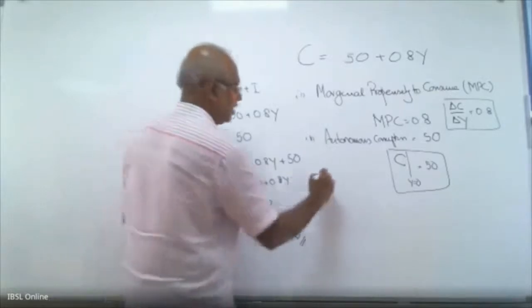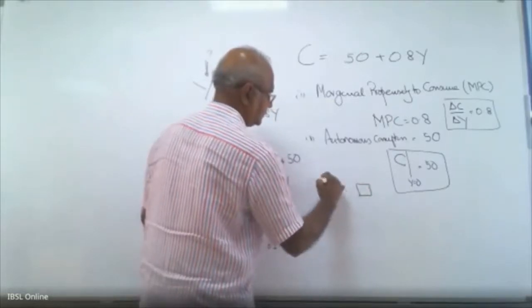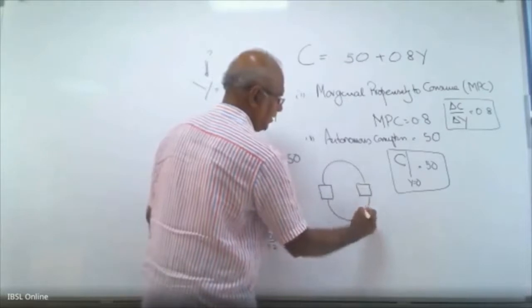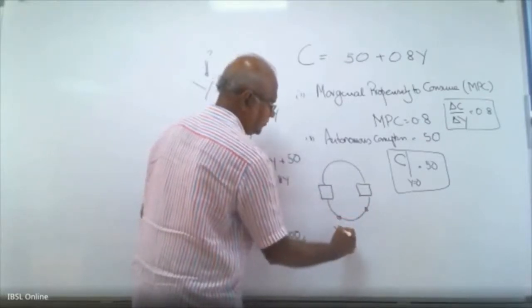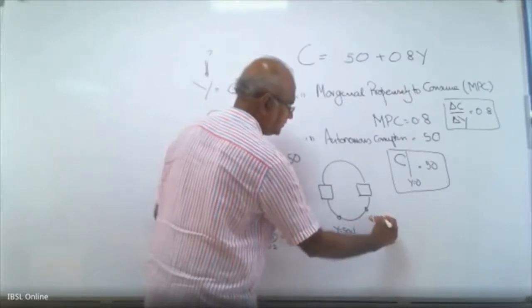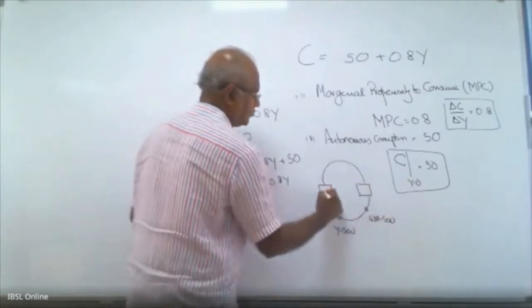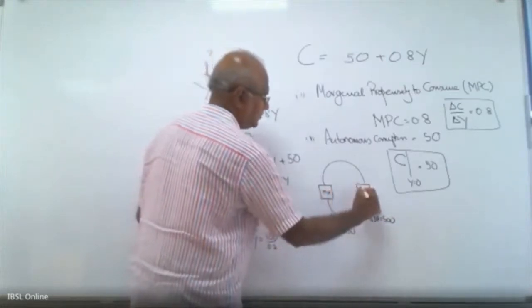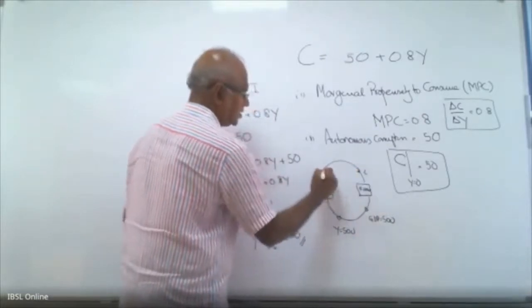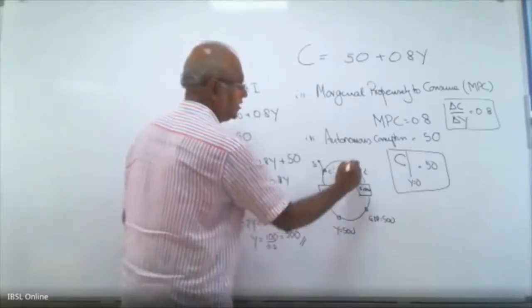Understand? Remember this model? GDP, Y equals 500. Firms, businesses, households. Consumption, savings, investment.